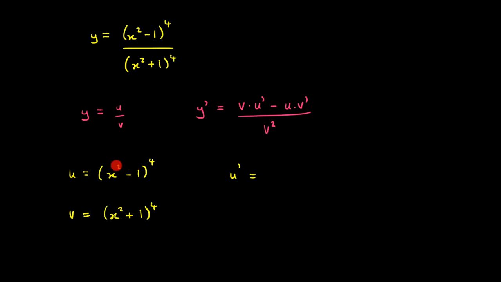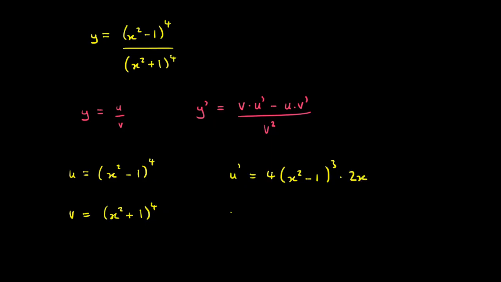The chain rule is when I've got one function, in this case x squared minus 1, inside of another function, which is x to the power of 4, the big bracket to the power of 4. So I differentiate the function on the outside first, and I get 4 bracket to the power of 3. Then I differentiate the function on the inside, x squared minus 1, which gives 2x, and I multiply through by that 2x.